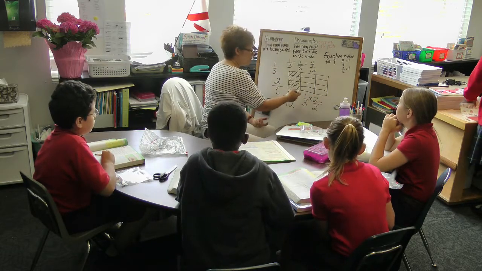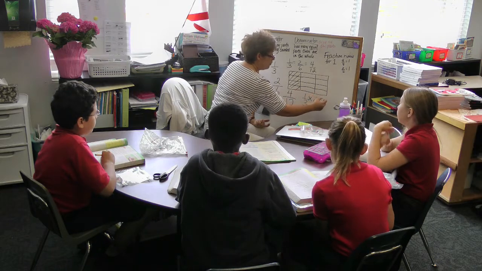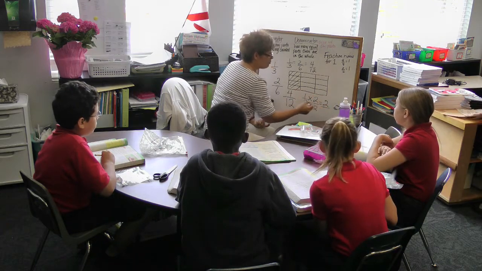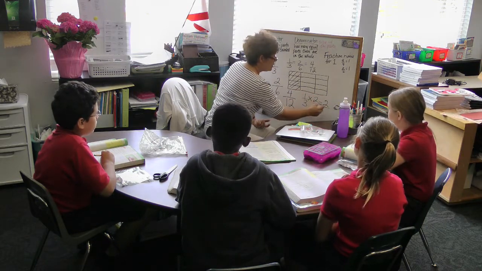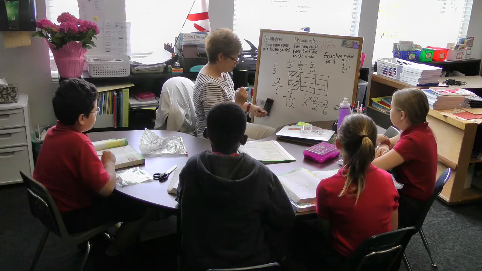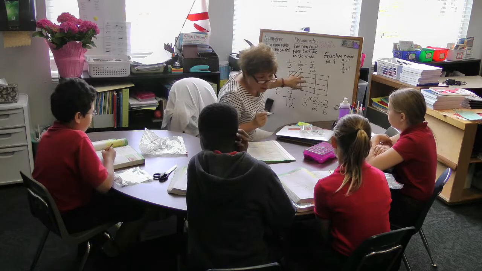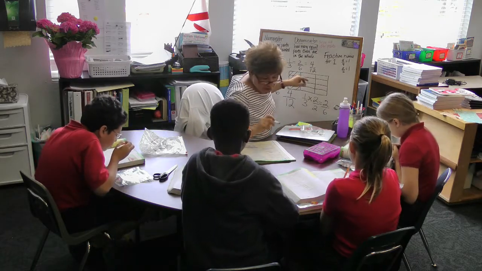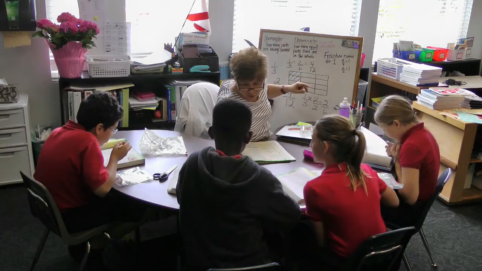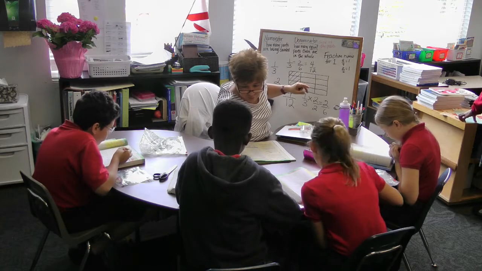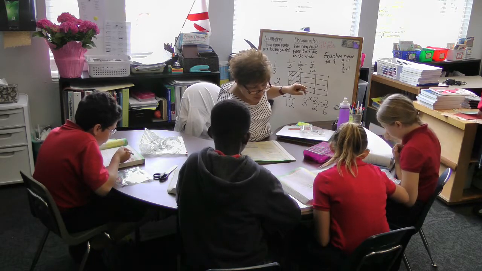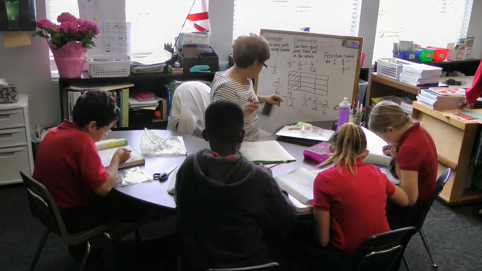So let's multiply. 1 times 2, and 3 times 2, 6. Do you see? And when we originally look at your model that you drew, you could see that when you divided it, you generated a fraction of 2/6.